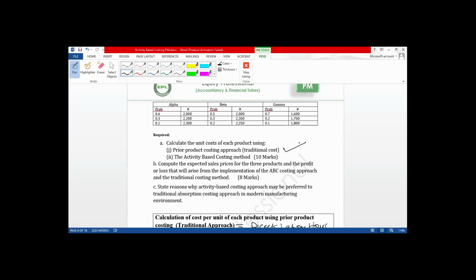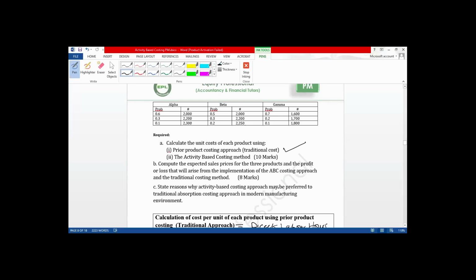If there's no question, we move to A Roma figure 2. Calculate the unit cost of each product using the activity-based costing method.